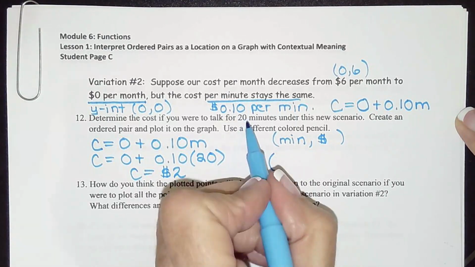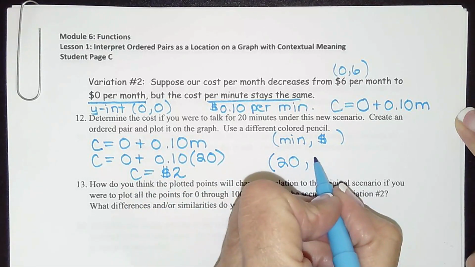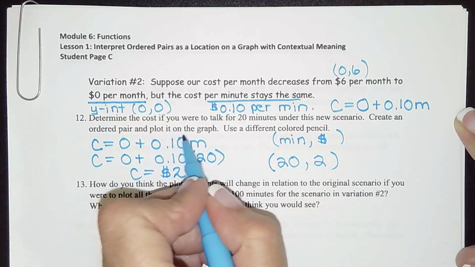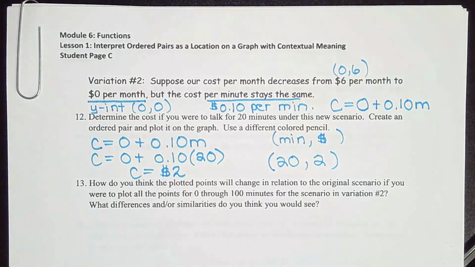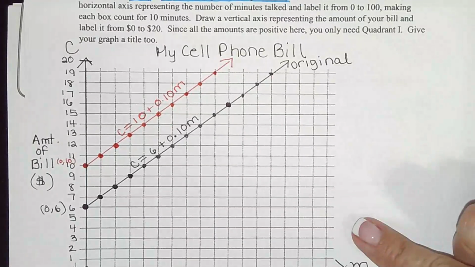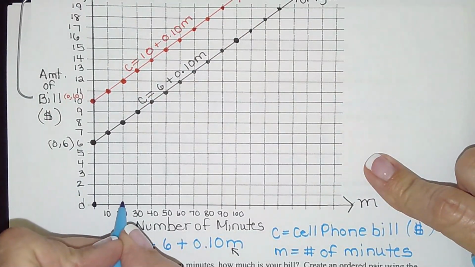So how many minutes did I talk? 20. What was the cost? $2. And then use a different colored pencil and plot it on the graph. So 20 on the X and 2 on the Y.